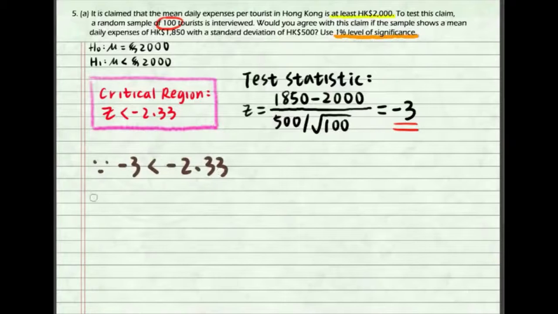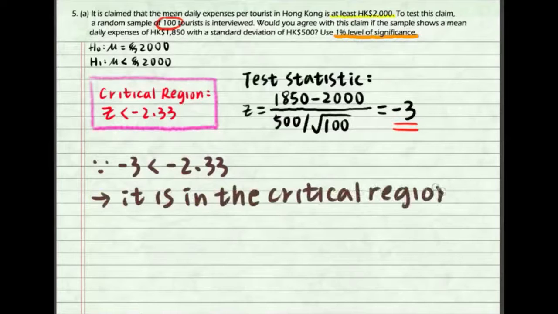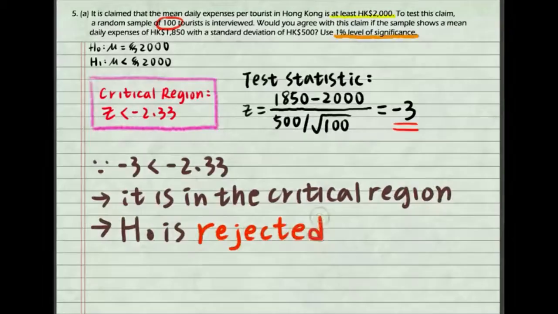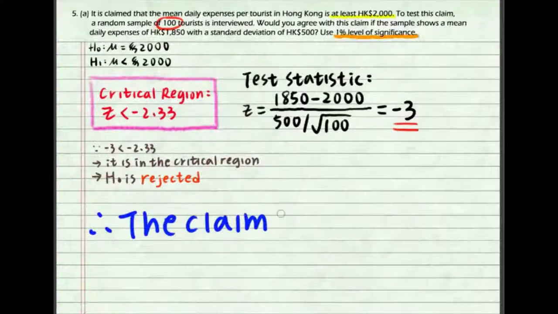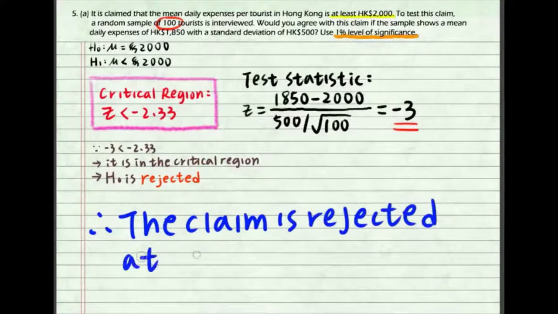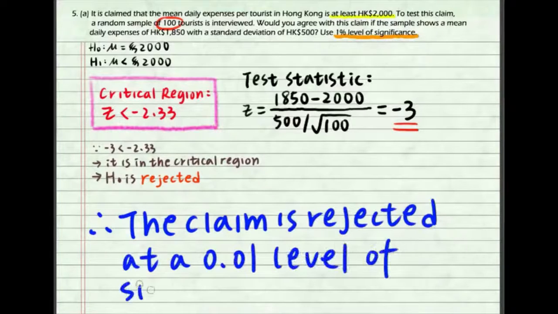Since negative 3 is smaller than negative 2.33, it is in the critical region, and therefore H0 is rejected. And therefore the claim is rejected at a 0.01 level of significance.